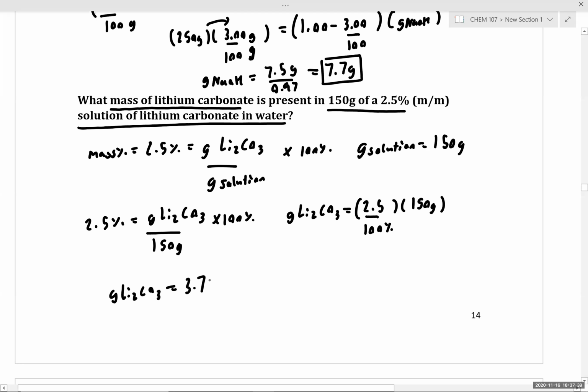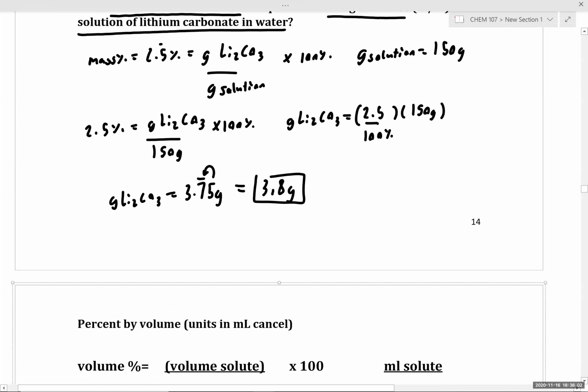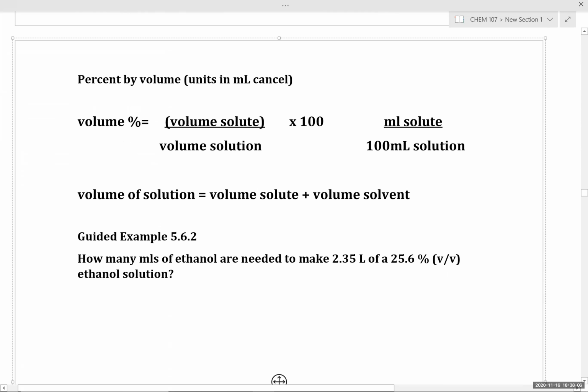That gives us 3.75 grams that we round to 2 sig figs, which gives us 3.8 grams. Does this question make sense to everyone? Yes. Perfect.